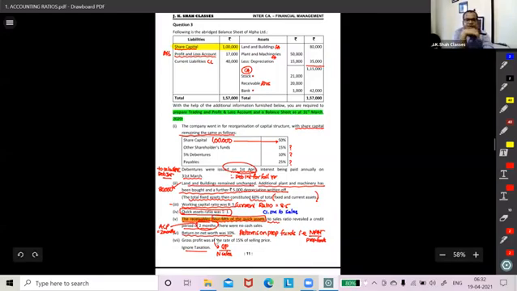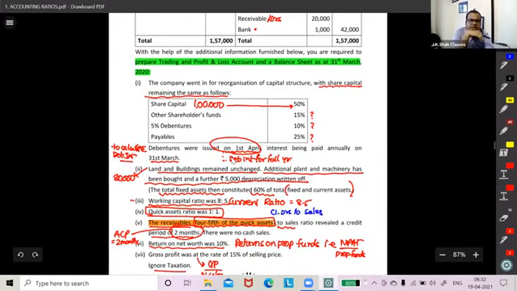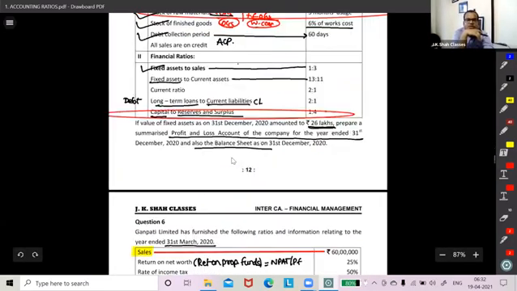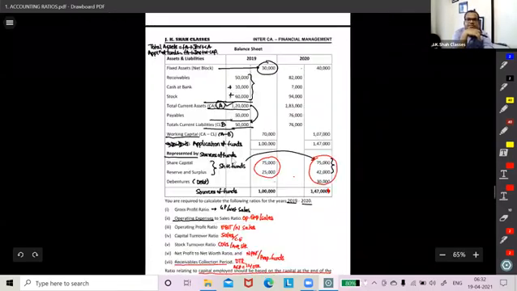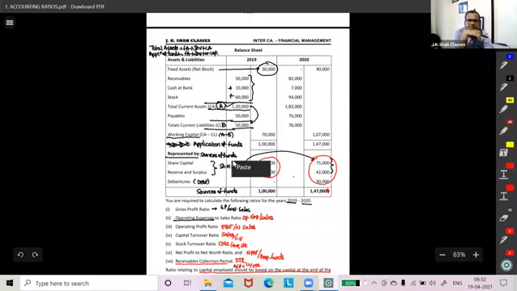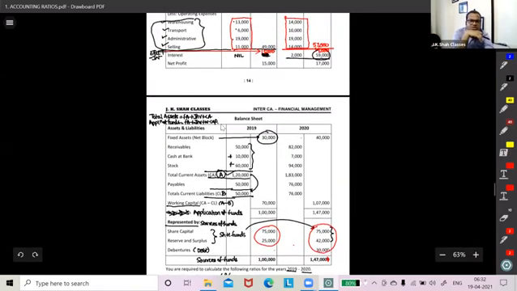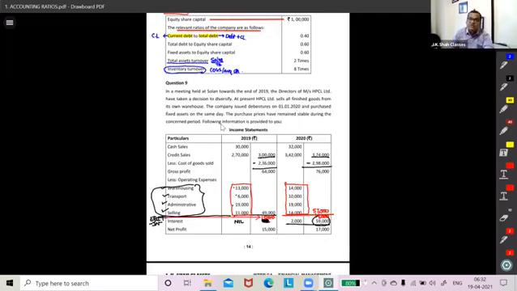See, people, I'd asked you to calculate ratios for question number 9, right? You're supposed to calculate ratios for question number 9.